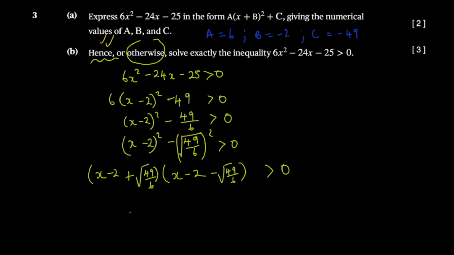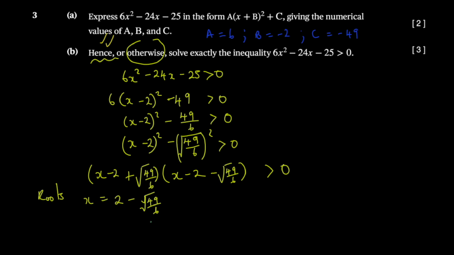So what you have here, your roots would be x equal to, if you equate this to 0, 2 minus the square root of 49 over 6.